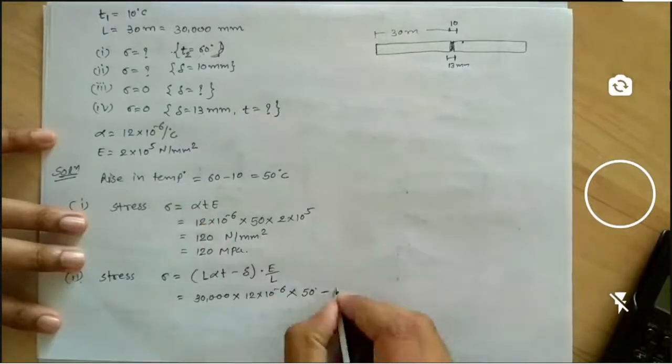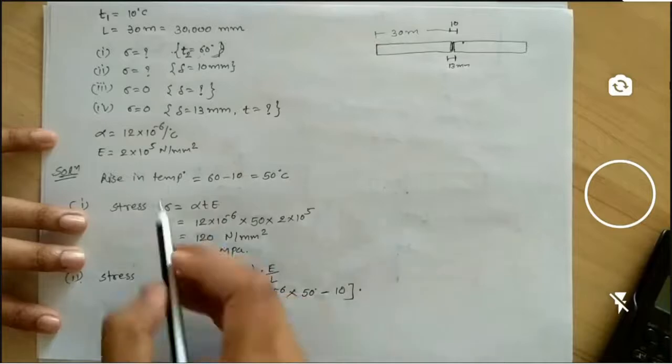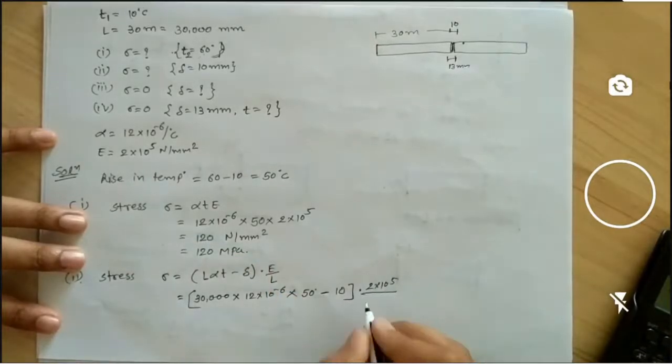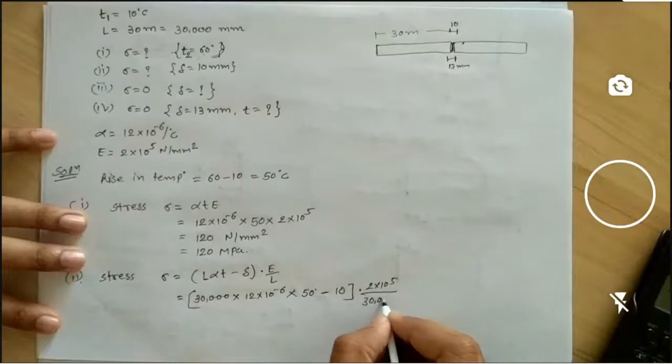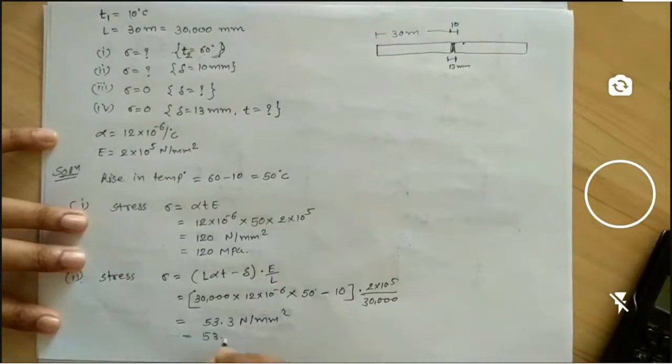So we directly put 10, into E, Young's modulus 2 into 10 raised to 5, divided by L, that is 30,000. If you calculate this, you get 53.3 Newton per mm square. That means 53.3 megapascal.